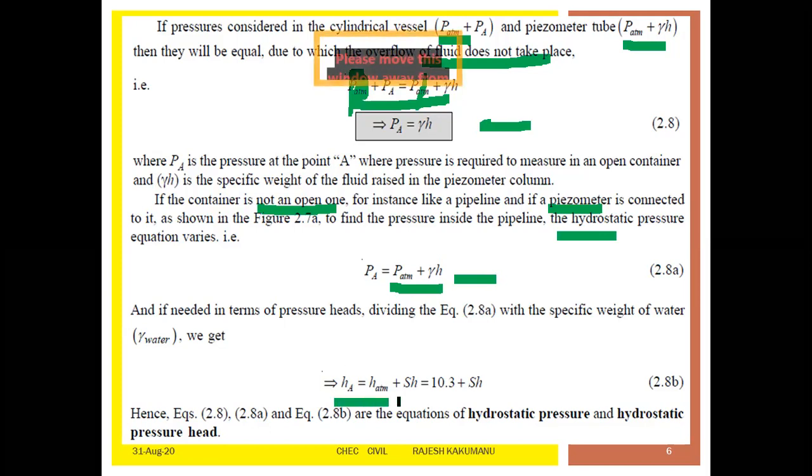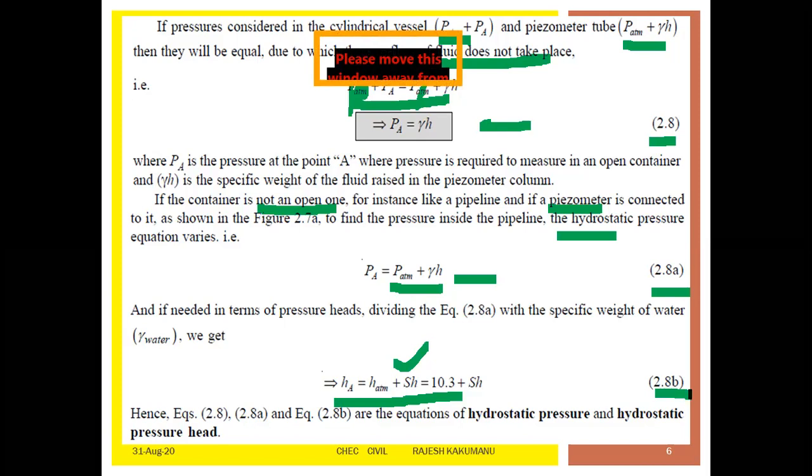HA, the height of a liquid at A, is equal to H atmosphere, the pressure head at the atmospheric pressure head, plus specific weight, is equal to 10.3 plus H. So that is the equalization you are getting now. Hence the equations 2.8A and 2.8B are the equations of hydrostatic pressure and hydrostatic pressure head.